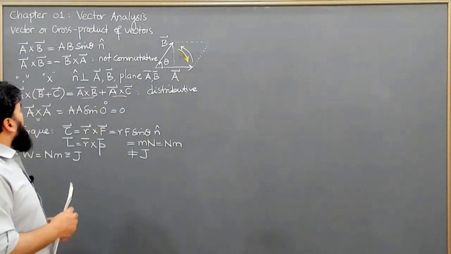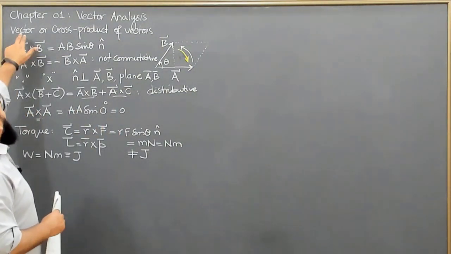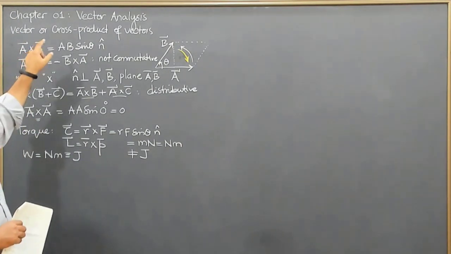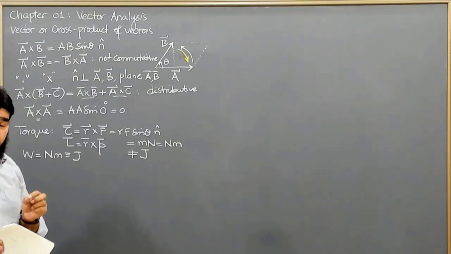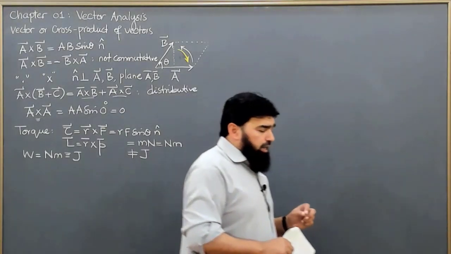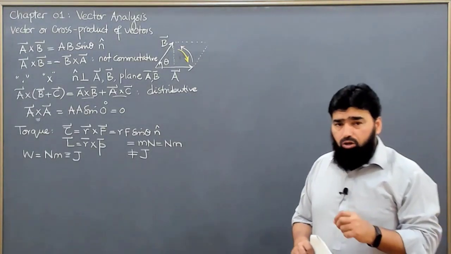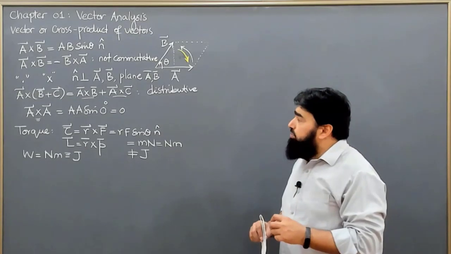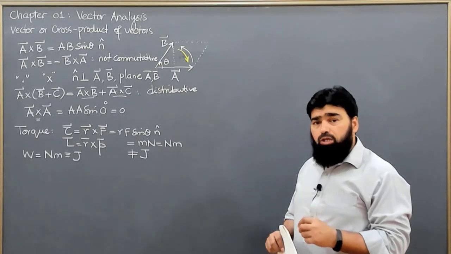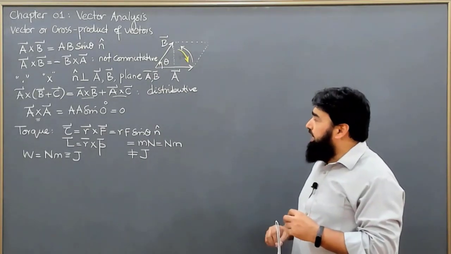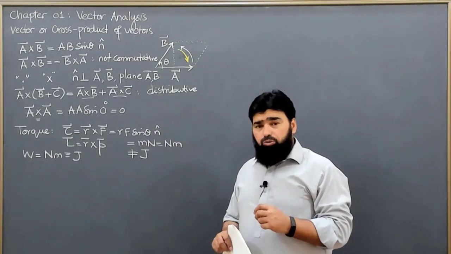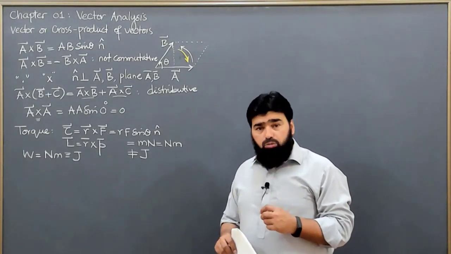So this was the story of the multiplication of vectors. We can have multiplication of a vector by a scalar. The scalar will only multiply with the magnitude of the vector, and it has nothing to do with the direction. We can have the dot product, which occurs in case of translation of a vector. And then we have the cross product, which we call the vector or outer product.